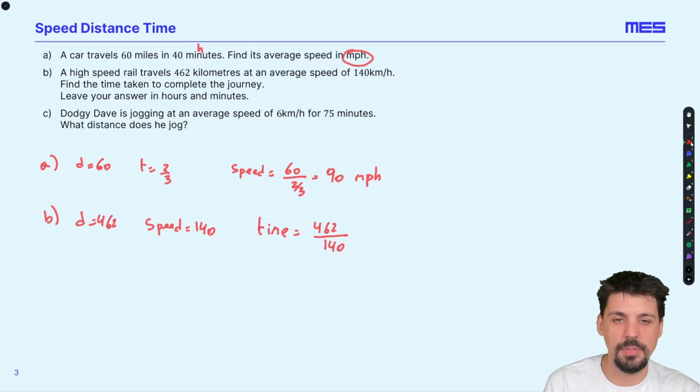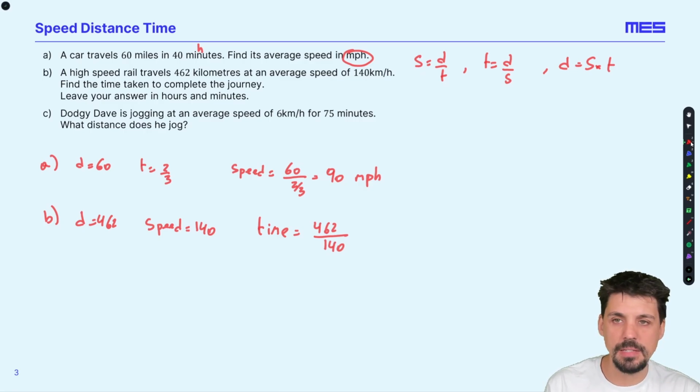So we can put these up here. Speed is distance over time. Time is distance over speed. And distance is speed times time. All right, so all three of these are things that we need to have.